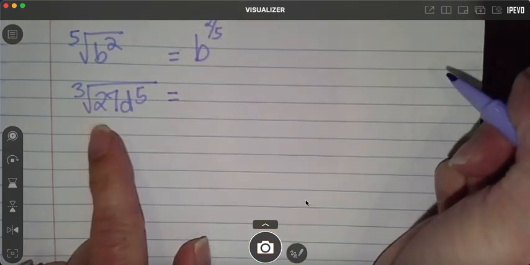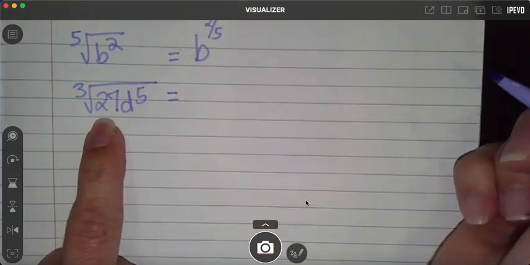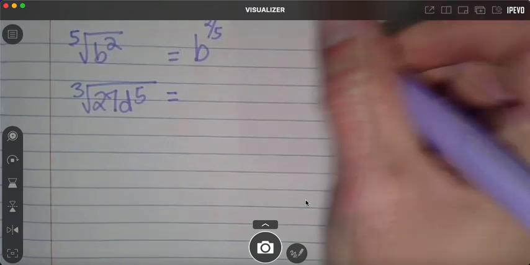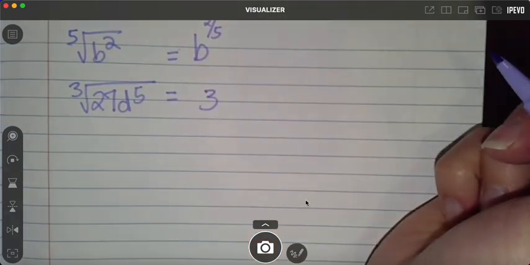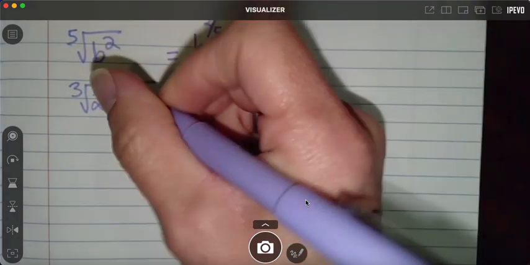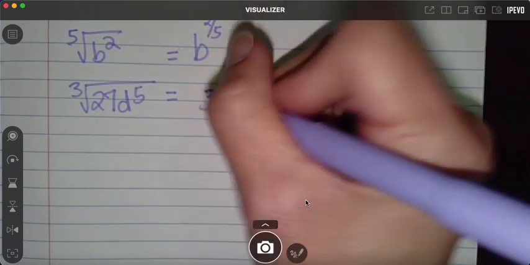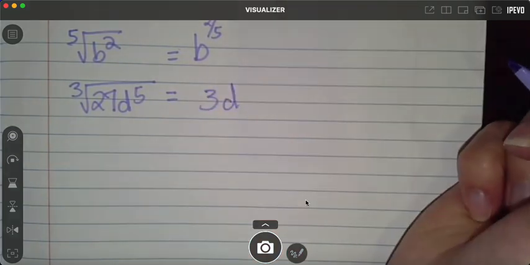So on this one, what is the cubed root of 27, y'all? Do you know that? It's 3. So the cubed root of 27, I can just simplify that. That's 3. Now, how would I write the cubed root of d to the 5th as an exponent? It would be d to the what? Not 3/5.